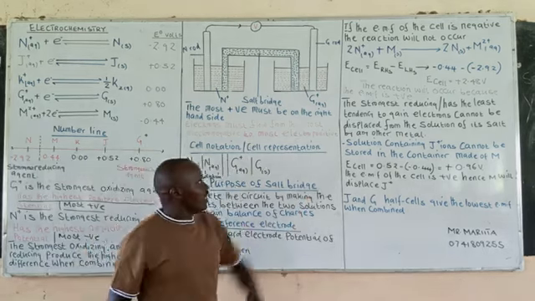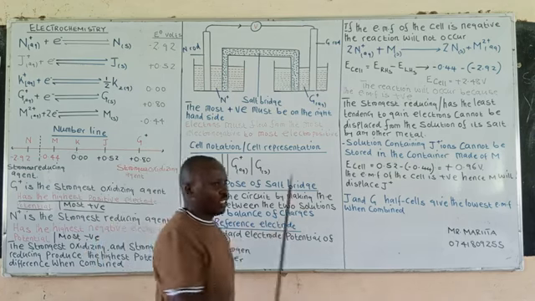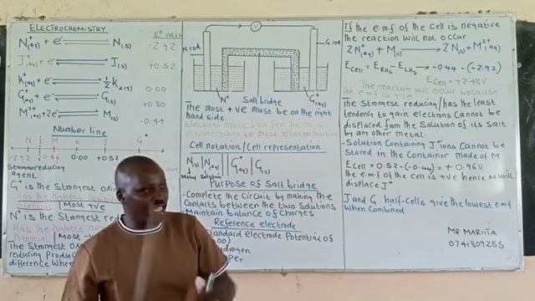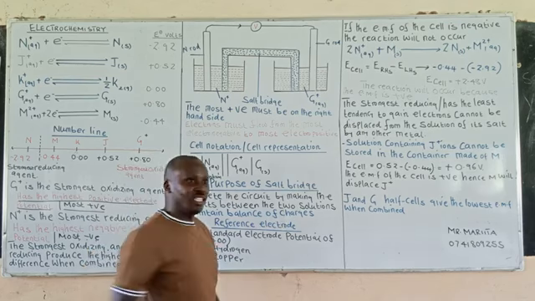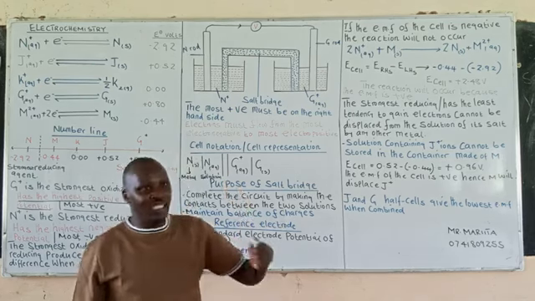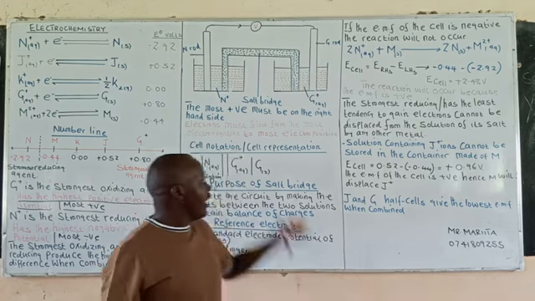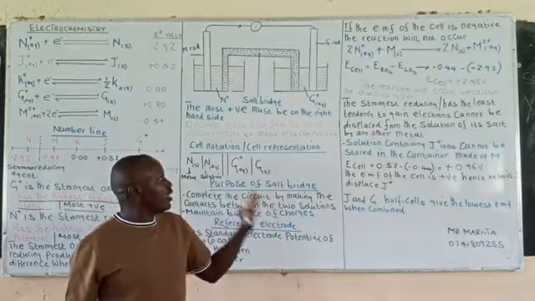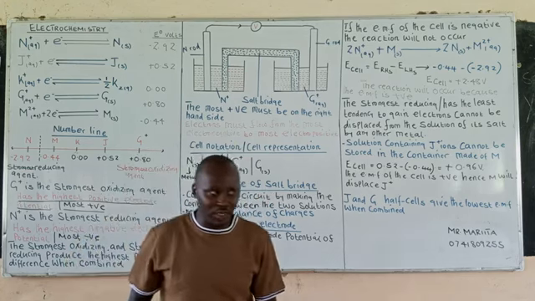The strongest reducing agent is that element which has the least tendency to gain electrons. It cannot be displaced from its solution by any other method.